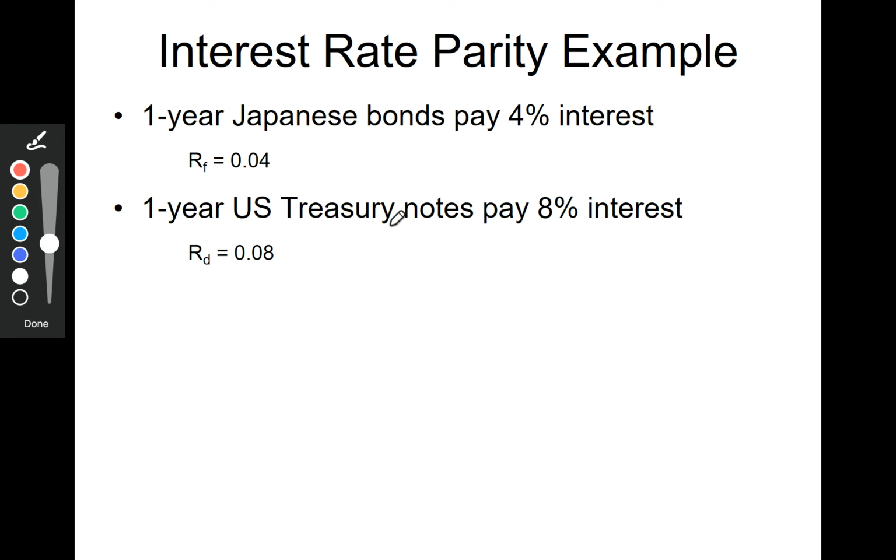And treasury bonds are from 4 years or more. So in this case, it says a 1 year treasury note. 1 year is right at the border, so you could call it treasury bill or treasury note, and here we're calling it treasury note, pays 8% interest. R D equals 0.08. Notice that I write it as a decimal.